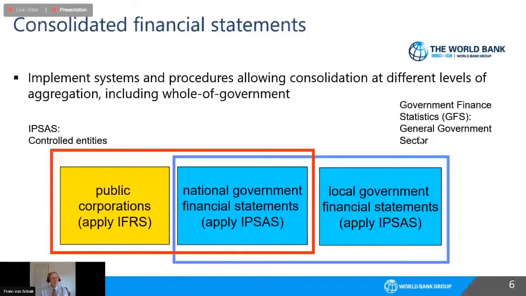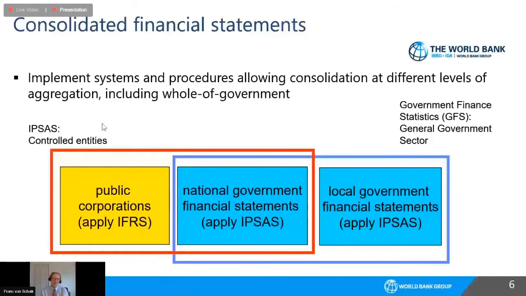IPSAS is saying, well, we look at the accountability, we want to include all of the controlled assets. So if there are public corporations, they should also be included in the IPSAS consolidated financial statements, including the controlling and all the controlled entities.